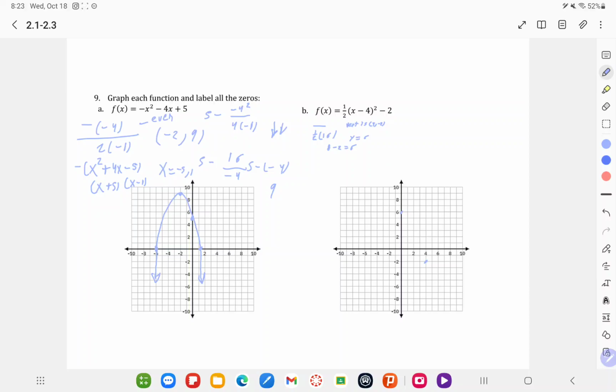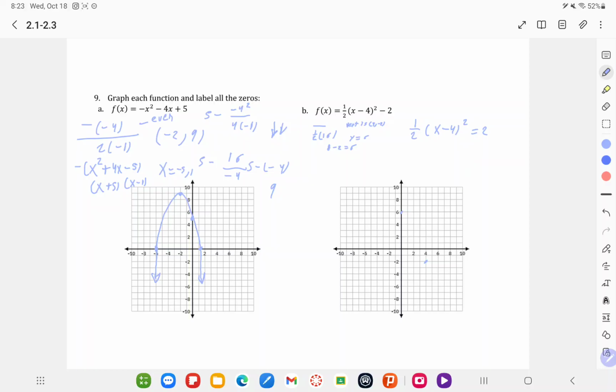Alright, let's get this. So we're going to bring 2 to the other side. 1 over 2 times x minus 4 to the power of 2 minus 2. So let's just go to the other side. It would be equal to 2. Alright, now what we have to do is divide 1 over 2, right? Actually no, not really.